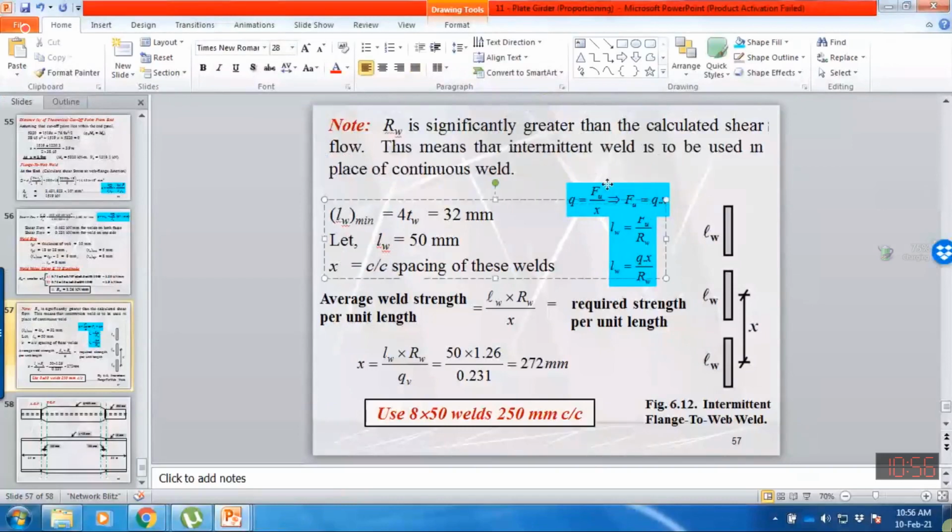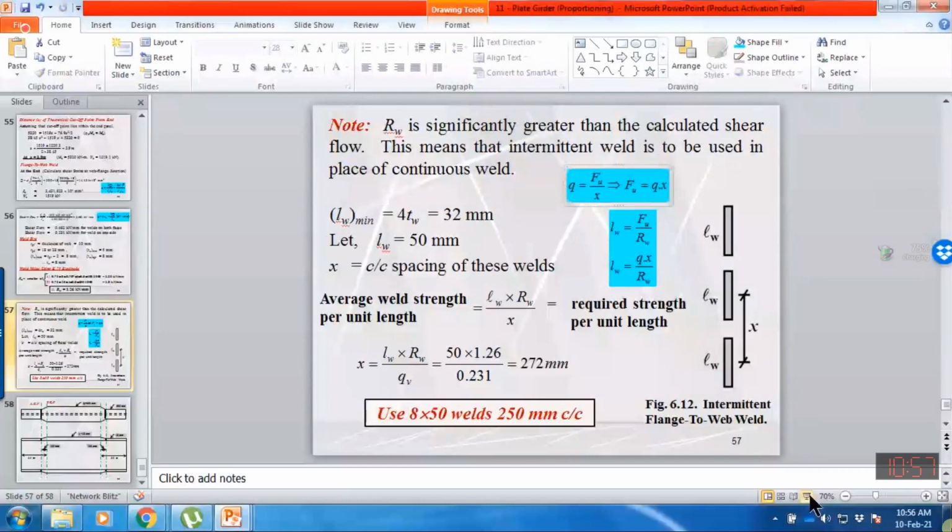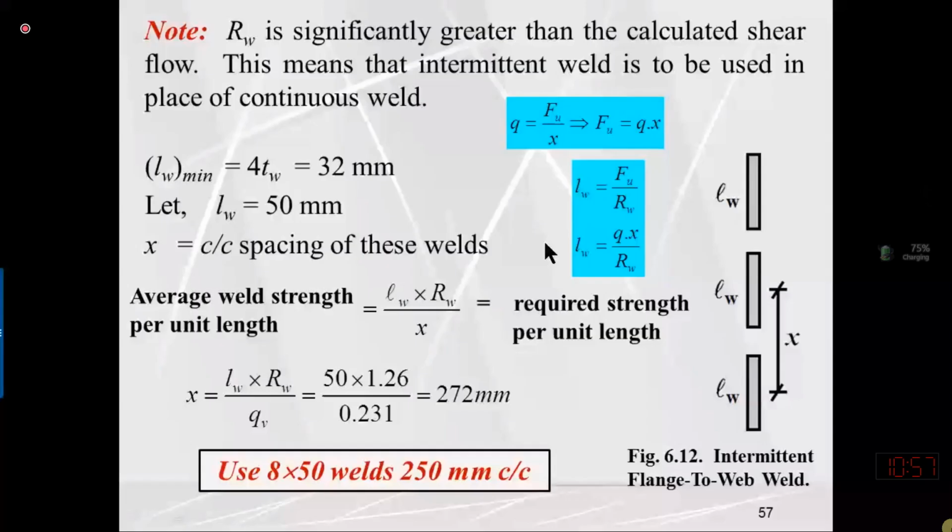We will provide the intermittent weld along the length, and the intermittent weld will be provided corresponding to LW minimum. LW minimum is 4 times the thickness of the weld, as we have already discussed, which is 32. So we will round the weld to the upper side.